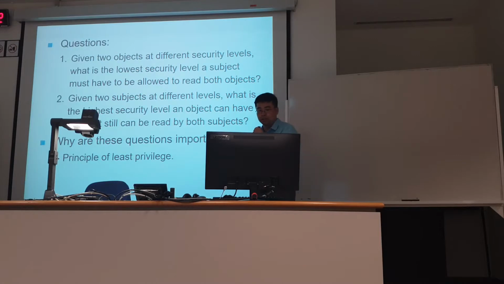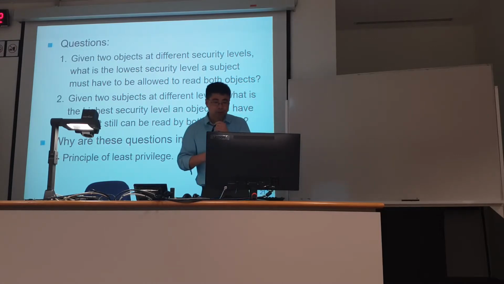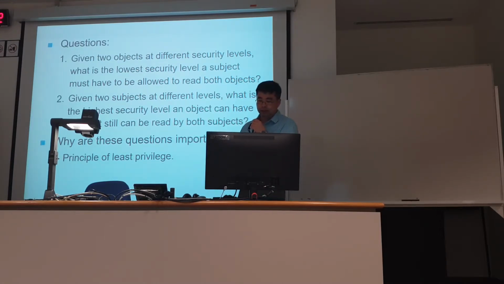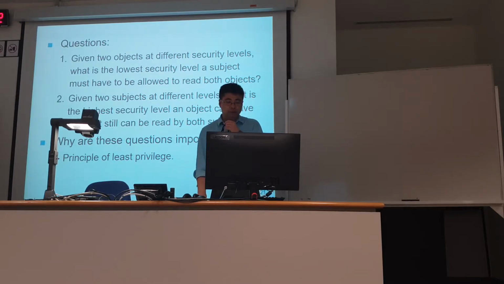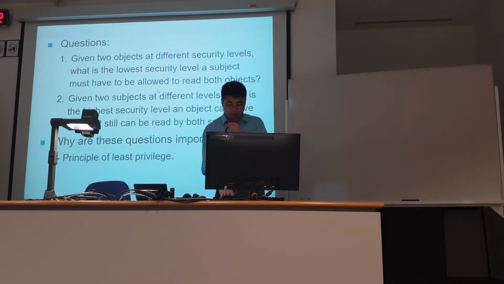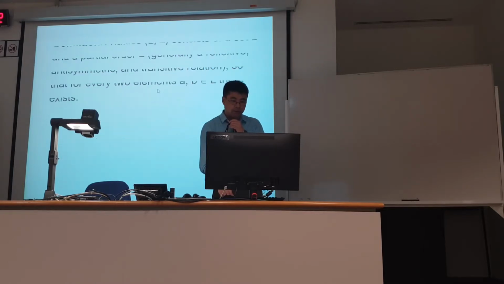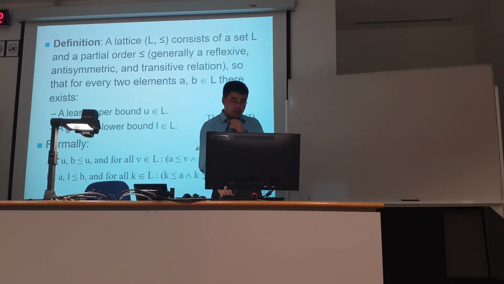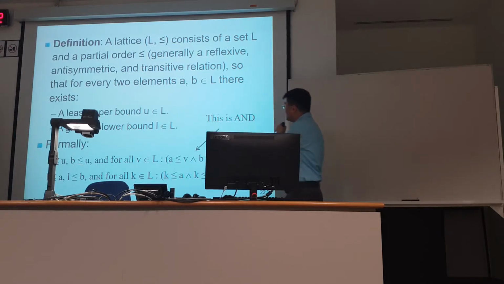So if we have some way to achieve the principle of least privilege, then we can answer these two questions, because they are talking about the least level required by a subject to read or process the object.